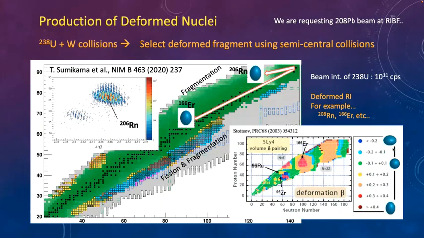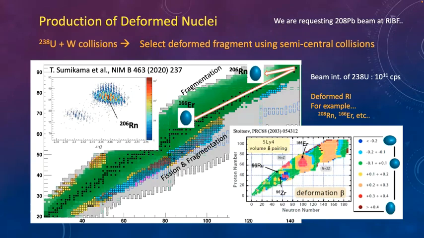At fixed-target facilities like GSI or RIKEN RIBF, we can use uranium to make whatever isotopes freely. For example, this is the particle identification image for these regions. We have a cocktail beam, but we can have some systematic way of nucleus collision.